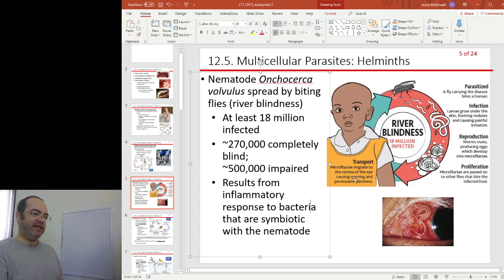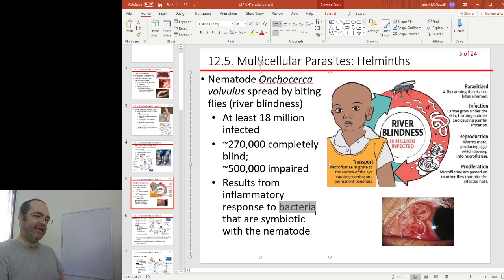They migrate particularly to the eye, and when they get to the eye, the damage is from the person's own inflammatory response. And in fact, it's not just the worm that we are responding against.